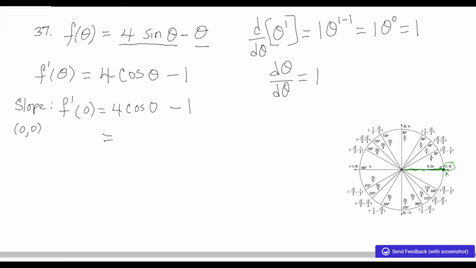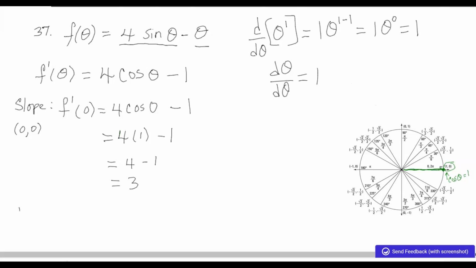Remember, cosine is the x coordinate, so cosine is equal to 1. Okay, so this is going to be 4 times 1 minus 1, which gives me 4 minus 1, which equals 3. So the slope of our curve is equal to 3.